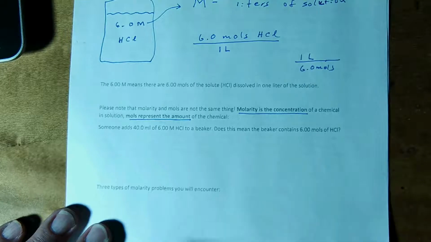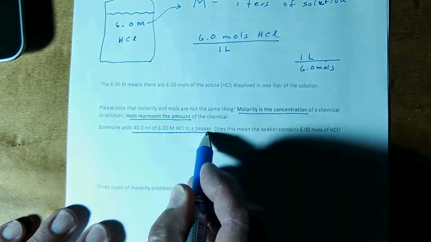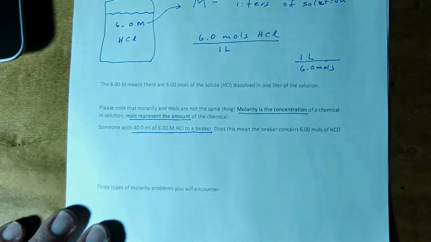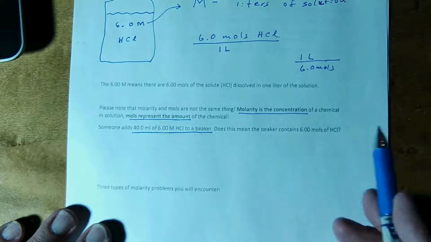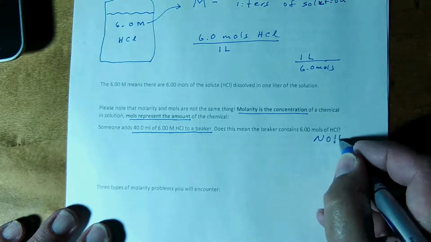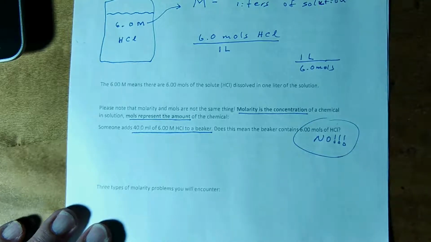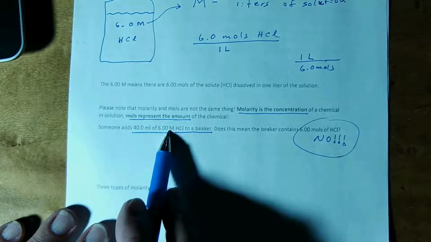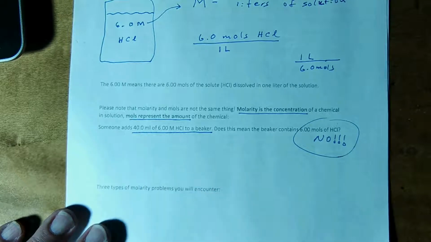Let's say somebody adds 40 milliliters of 6 molar hydrochloric acid to a beaker. Does that mean the beaker contains 6 moles of hydrochloric acid? No, it does not. The 6 molar is the concentration. You add 40 milliliters of the stuff, that's not 6 moles.